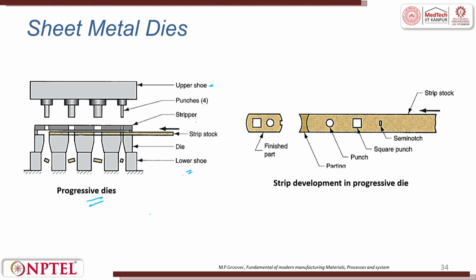The strip developed in progressive, this is the finished part, this is the starting part. First you do parting, then you do punching, then square punch, then semi notch, then strip notch also you will make. So these are all progressive, one after the other, after the other, after the other.